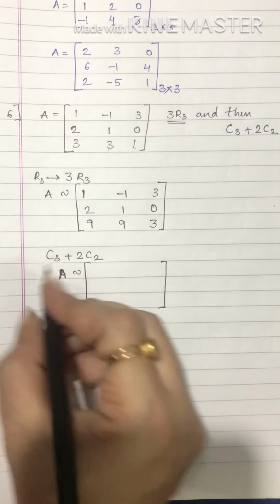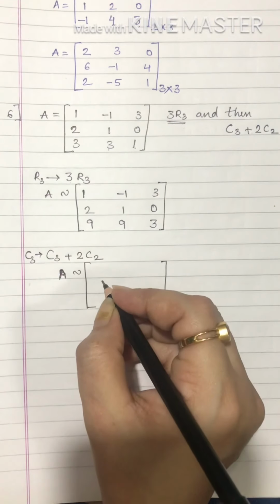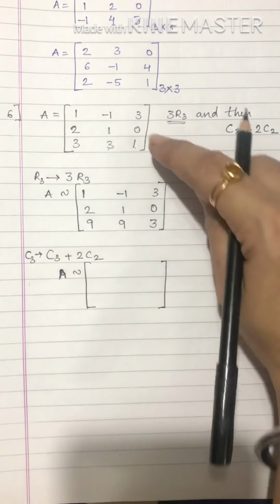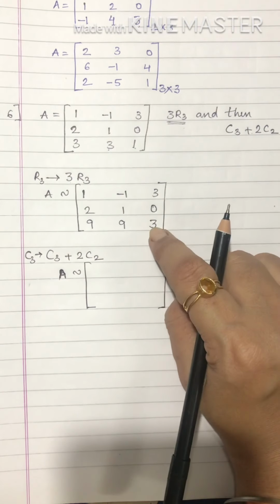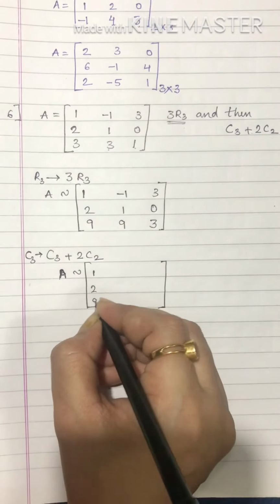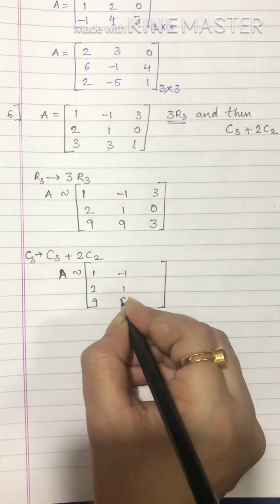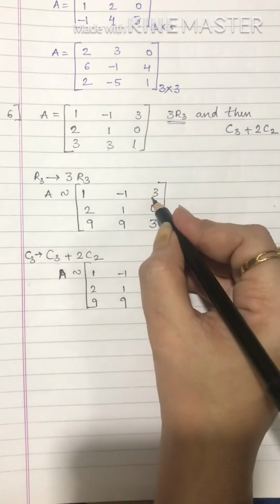That means this transformation is to be done in column number 3, not here, in this column. So what we get? I will write C1 and C2 first of all as it is: minus 1, 1, 9. And in the last column C3, what is there in the third column?